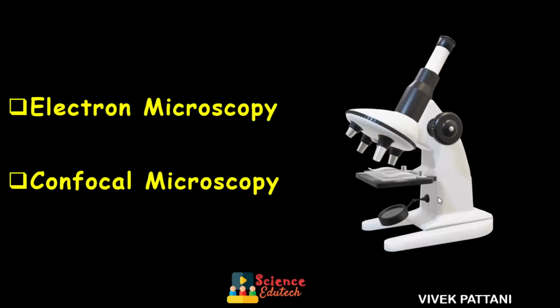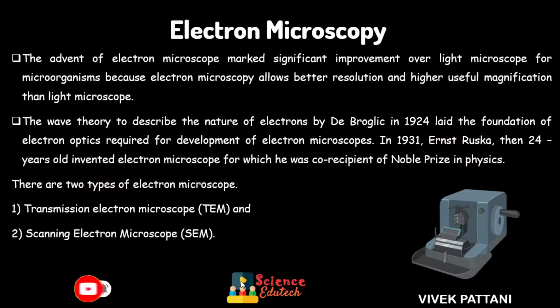Now, moving forward with electron microscopy. As the name itself says, in an electron microscope, instead of light, electrons are used as the source. The advent of the electron microscope marks a significant improvement over the light microscope for the study of microorganisms.